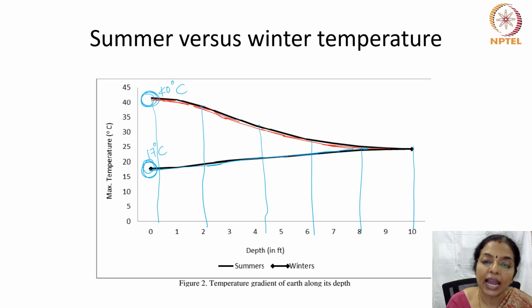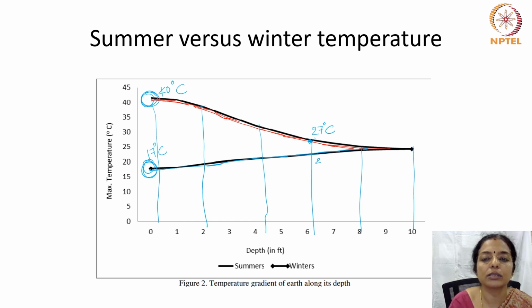Then at about 6 feet, which is about 2 meters, the temperature of the soil during summer is 27 degrees centigrade. Whereas during winter, it is about 20, sorry.